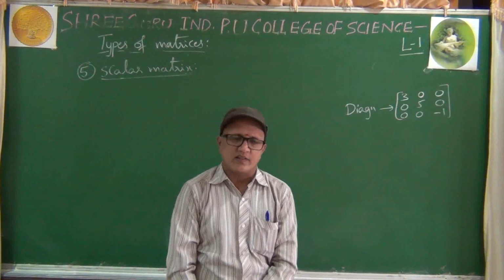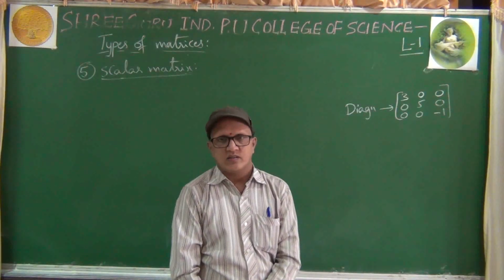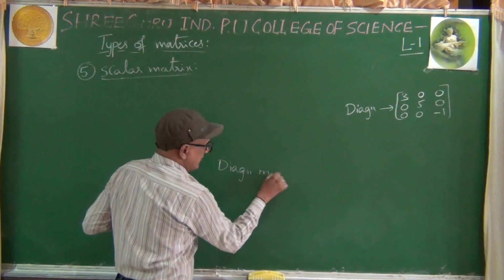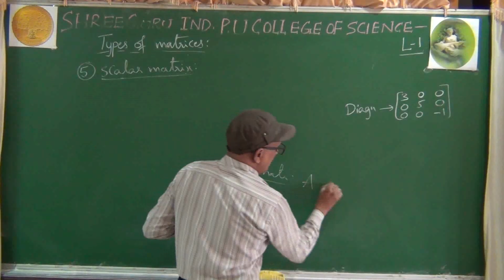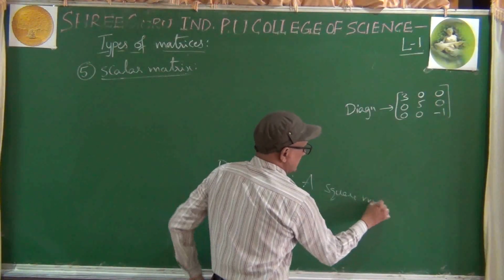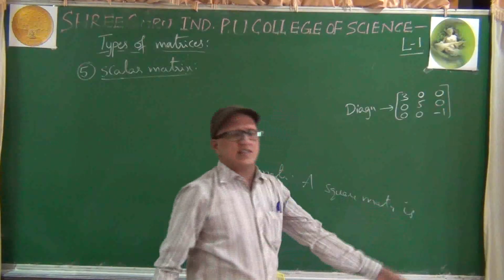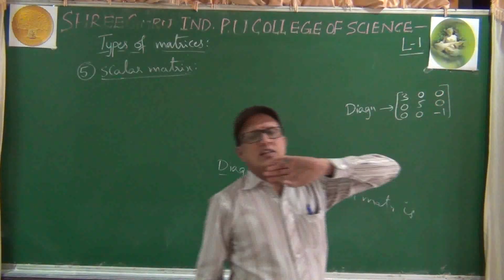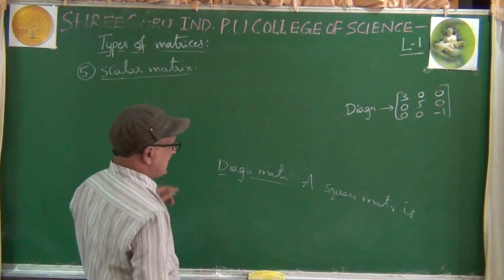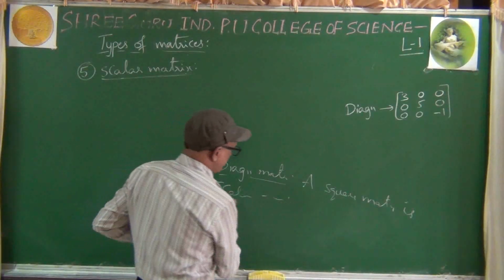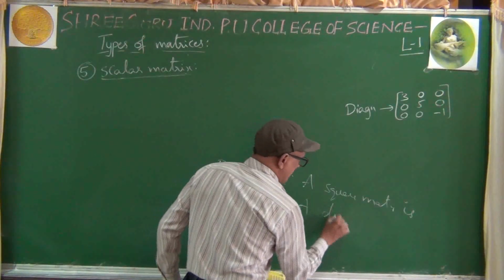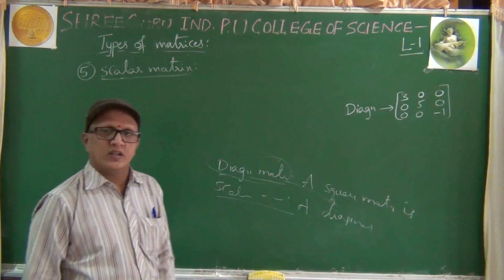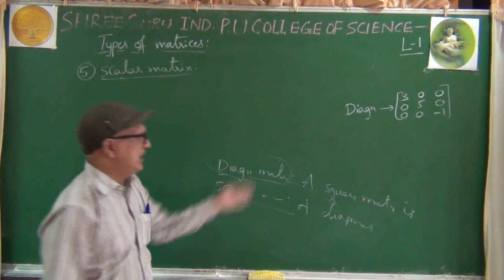But in the examination, students will be in confusion. Diagonal matrix definition: a square matrix is called a diagonal matrix if all non-diagonal elements are 0. Scalar matrix definition: a diagonal matrix is called a scalar matrix.